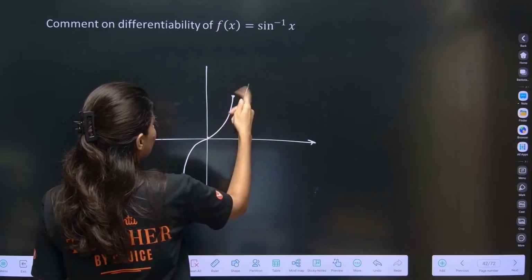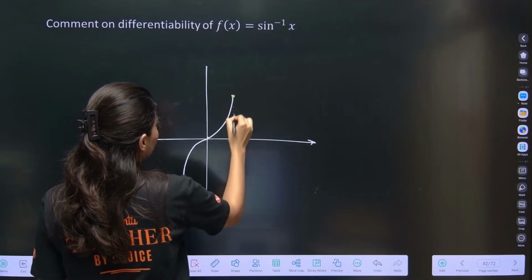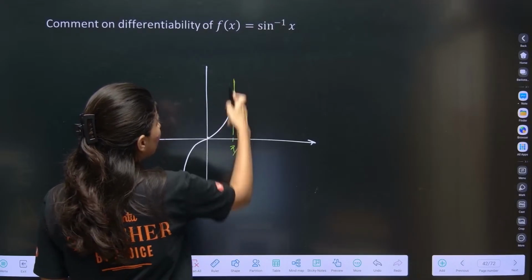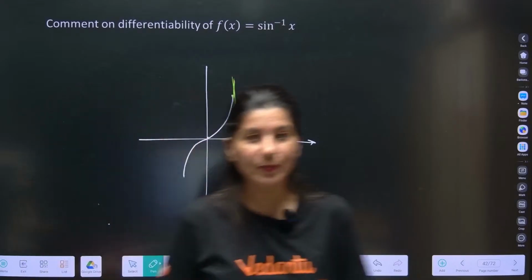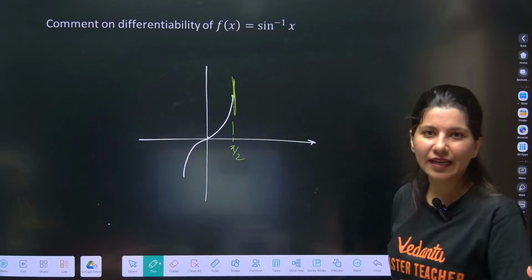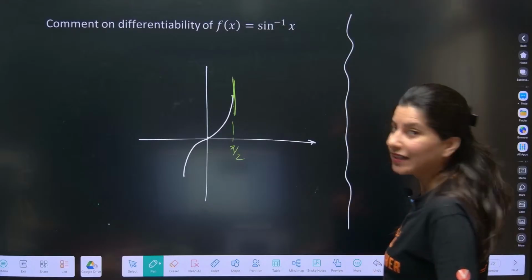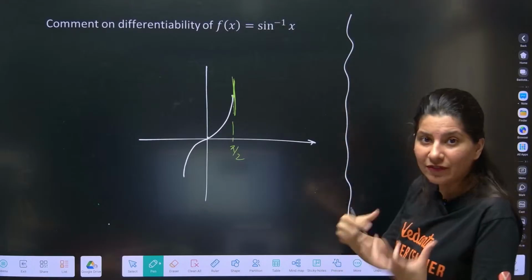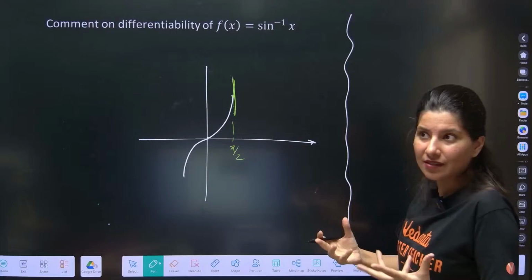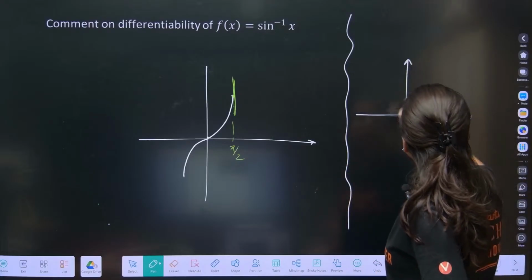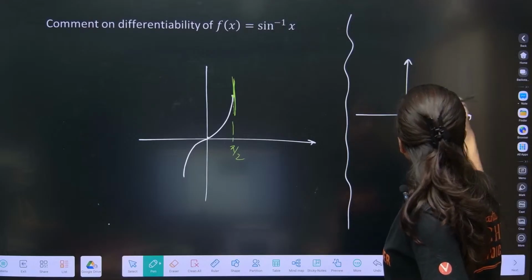And this is your pi by 2. Can you see at pi by 2 boundary points you are drawing a vertical tangent? Oops. What is vertical tangent? Okay. So now let me tell you that there are some functions which look like that. Suppose y is equal to, this is the graph.